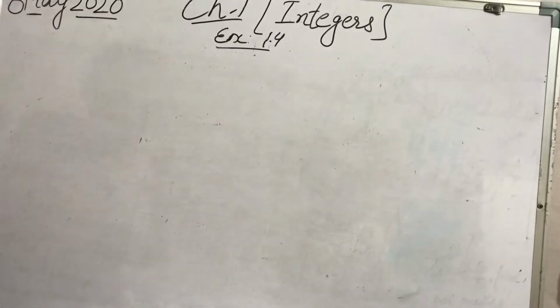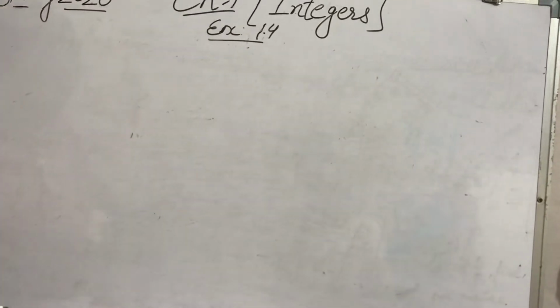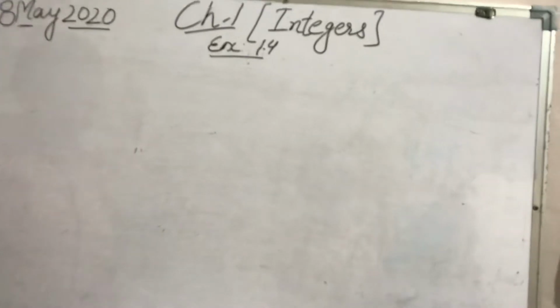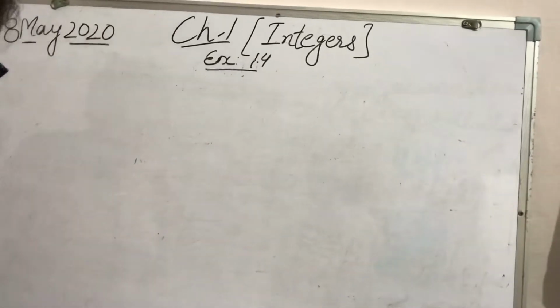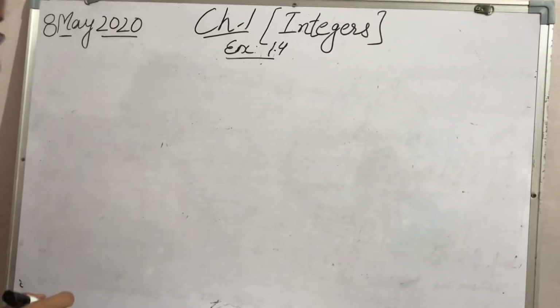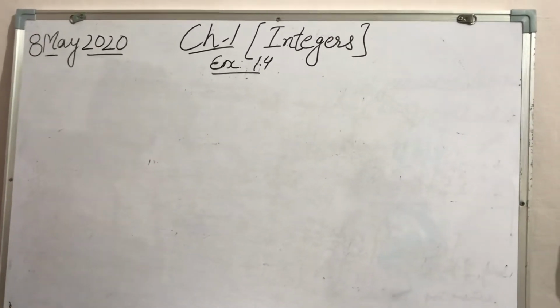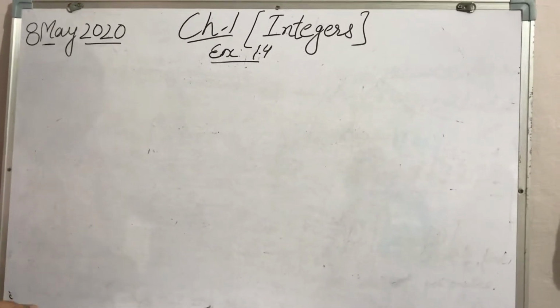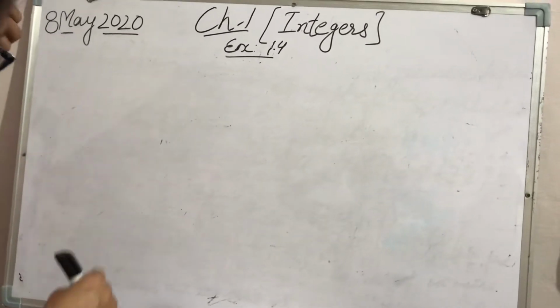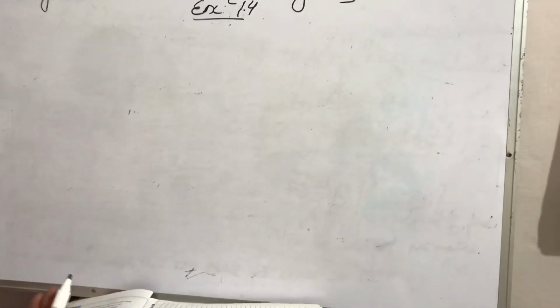Find his balance amount in the bank after withdrawal. Means the money in his account was 6,000, and after a week he deposited 1,500 more. So total balance will be 6,000 plus 1,500, and next day he had to withdraw 1/3 of the total balance. We have to find the left amount after withdrawal.